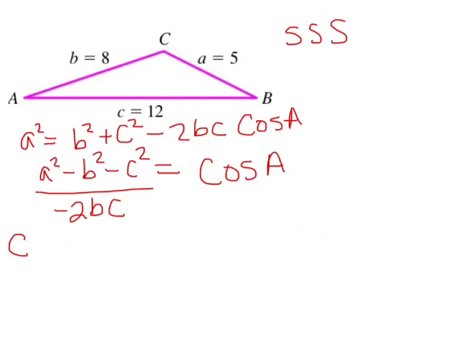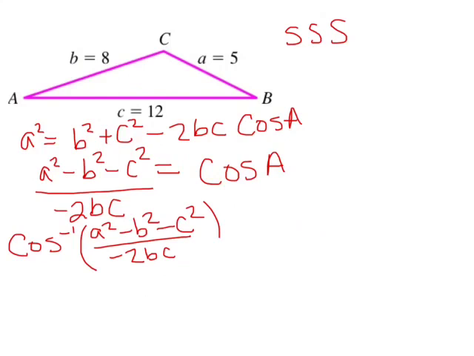Cosine inverse of a squared minus b squared minus c squared over negative 2bc, and that is going to equal my angle A.